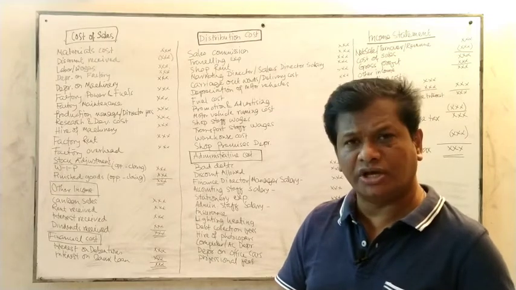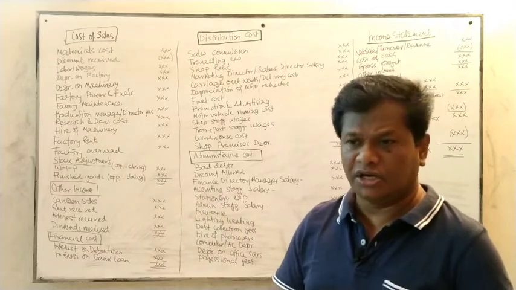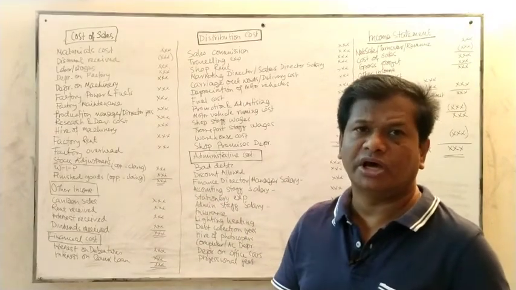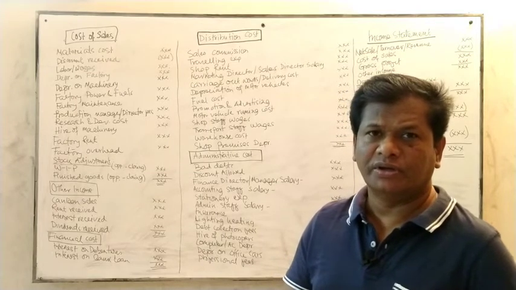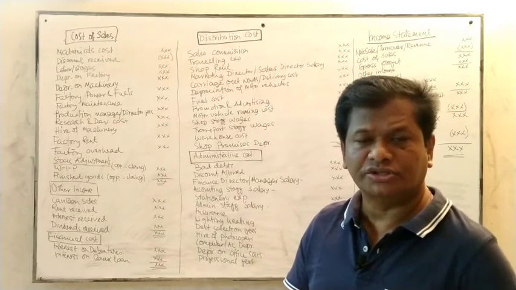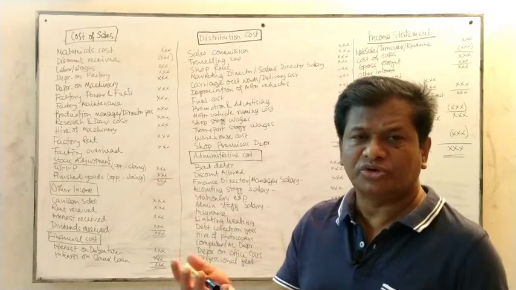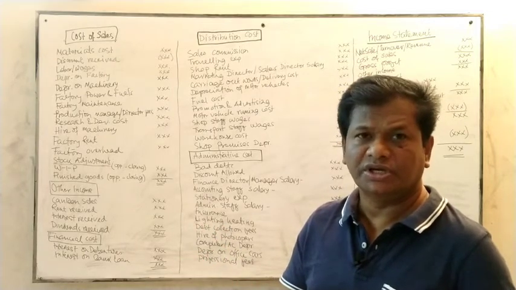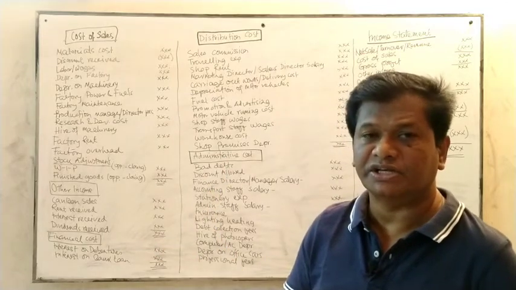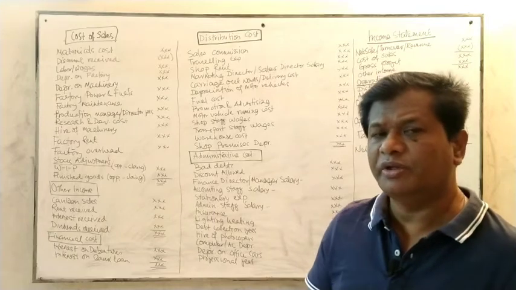Somebody's business is making a loss, or sometimes people pay only a small amount, or they are unable to pay. So that money, according to the company policy, you have to leave it, you have to ignore it. So this is one of the expenses, bad debt expense. The money cannot be recovered from them, that's why it is treated as a bad debt expense. This is the normal expense for any business. This is one of the elements of administrative expense.